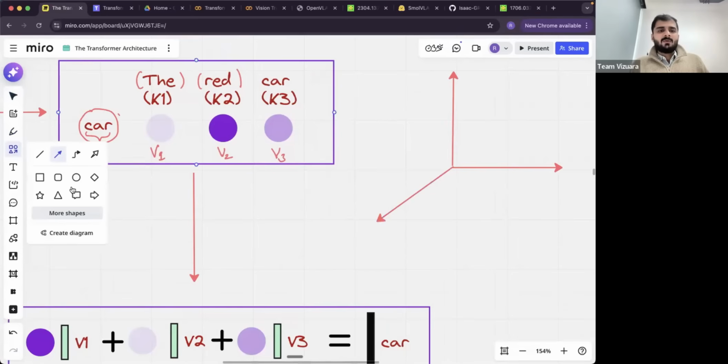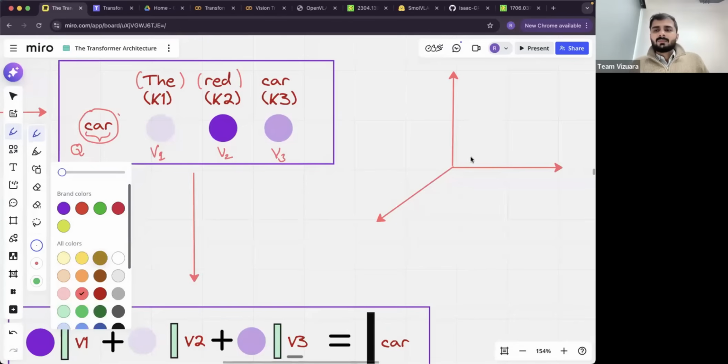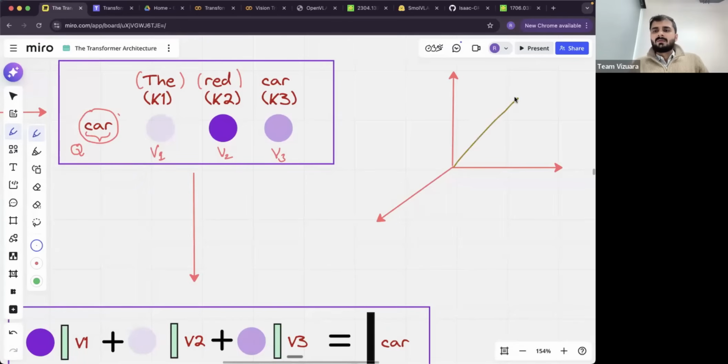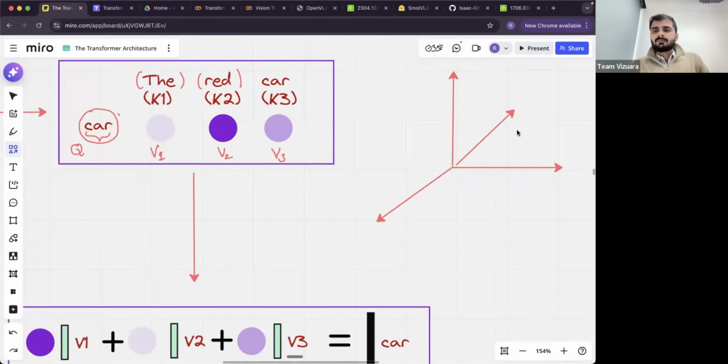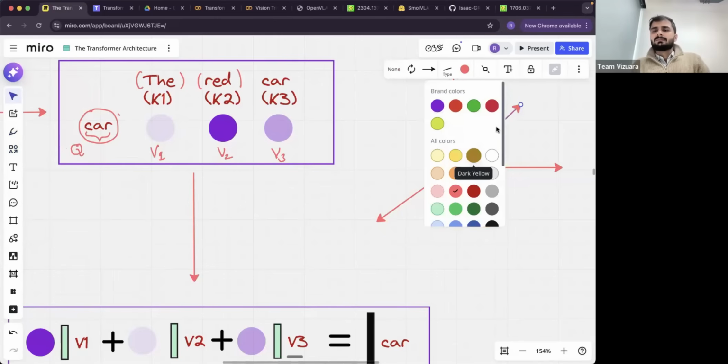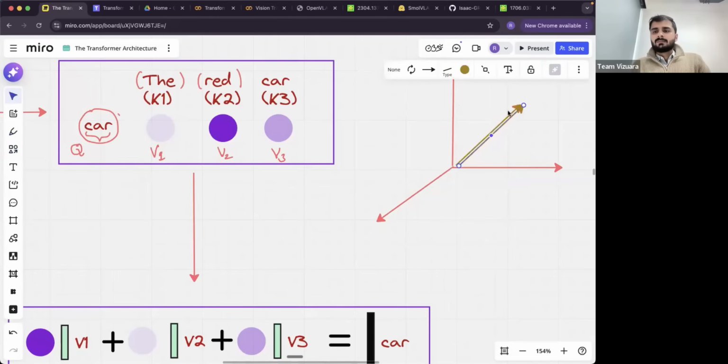These are the three value vectors: this is value vector 1, value vector 2, and this is value vector 3.